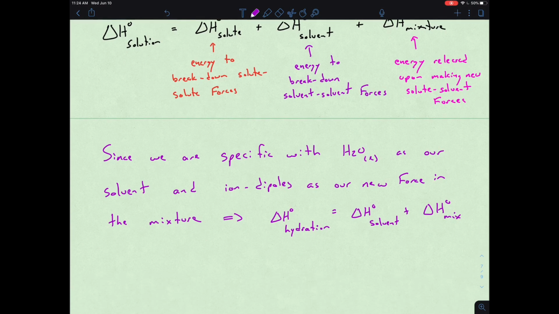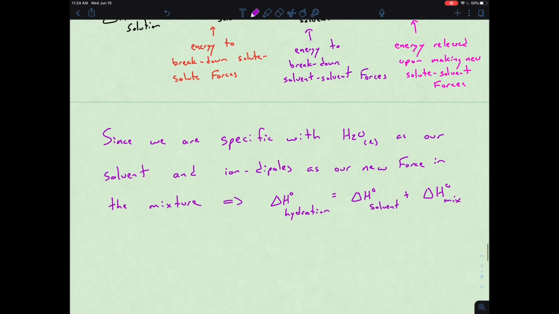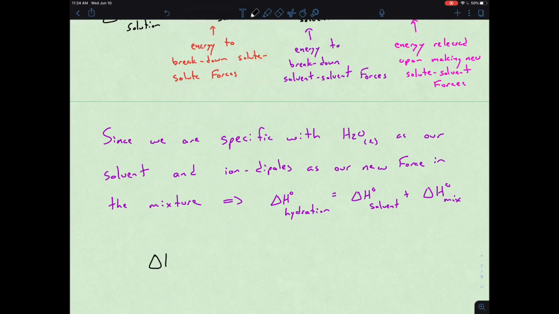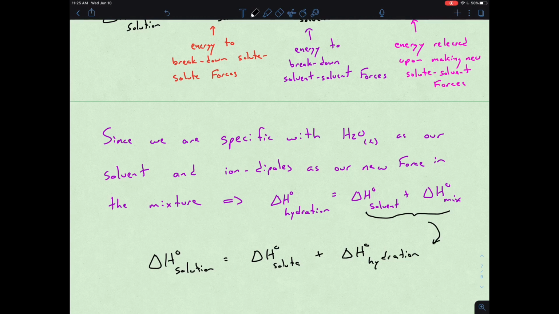So since we're specific, we can actually take this equation at the very top and make it a little bit more simple, where we have our enthalpy of solution is equal to the enthalpy of the solute plus now the delta H of hydration, which is what we're seeing here with that combination of those two terms.